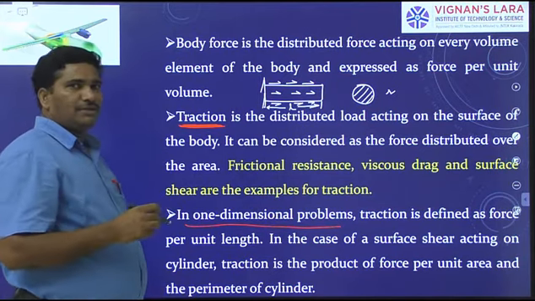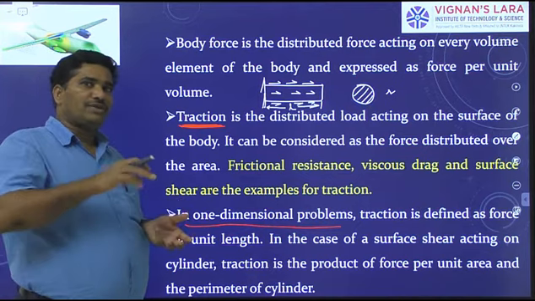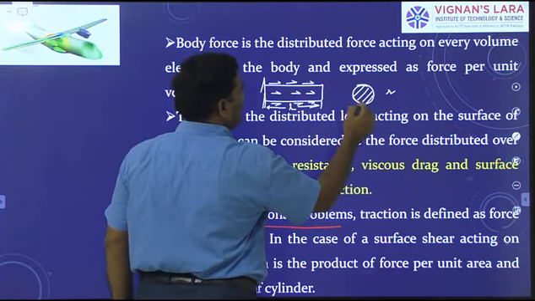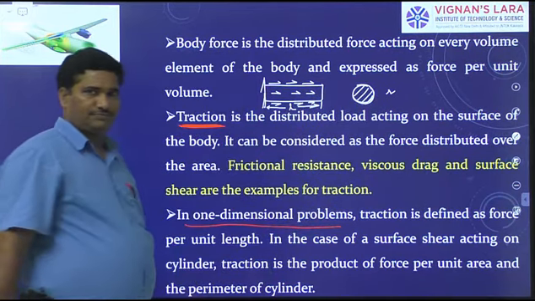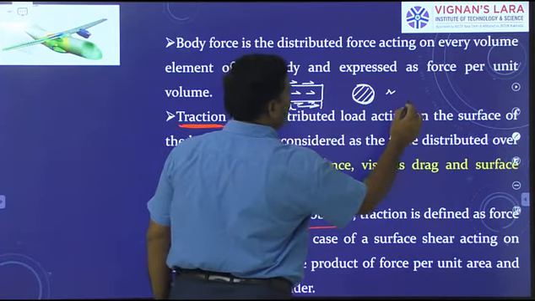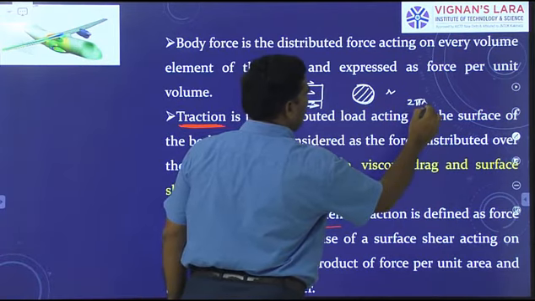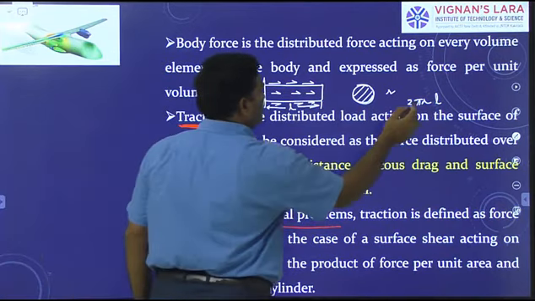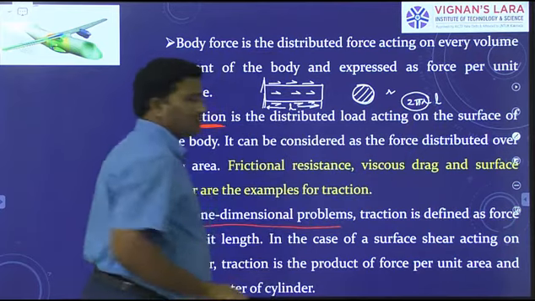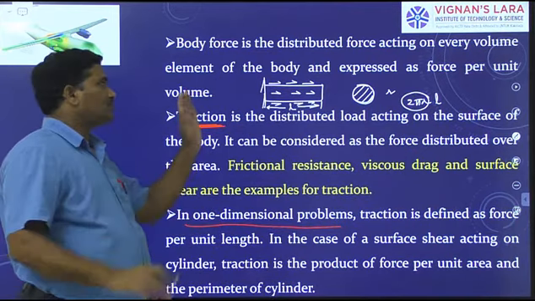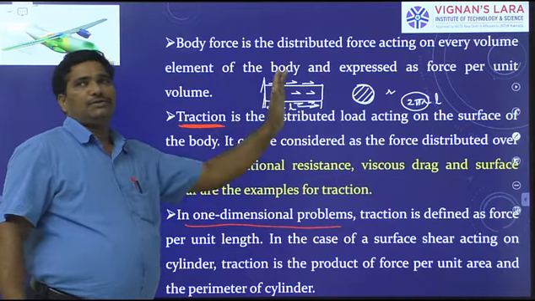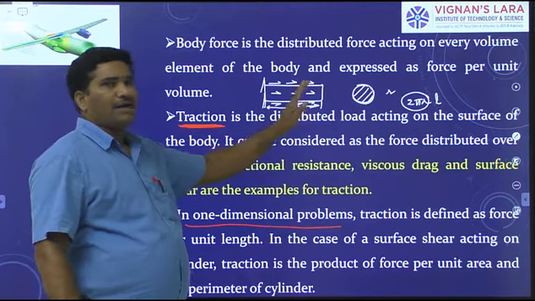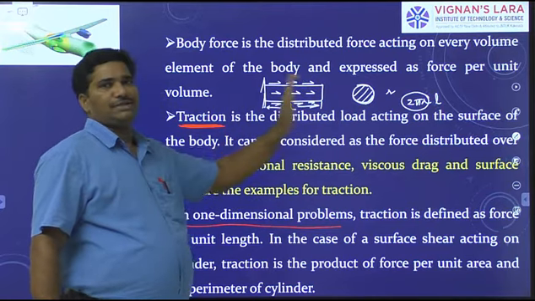Now, if you determine the area of the surface on which traction is applied, what is the area? The perimeter of this circle into length of the member. Therefore, what is the surface area? It is 2 pi RL. In this, along the length, 2 pi R is the same, it is constant. Perimeter of this bar is constant throughout its length.